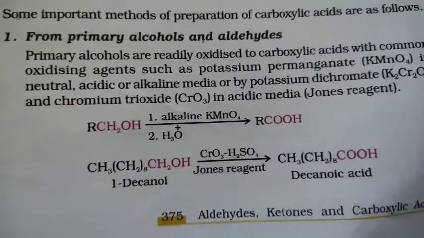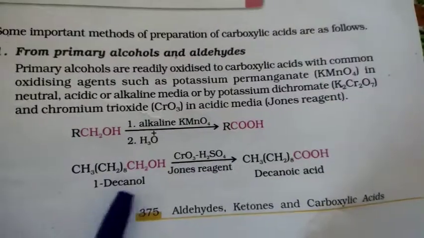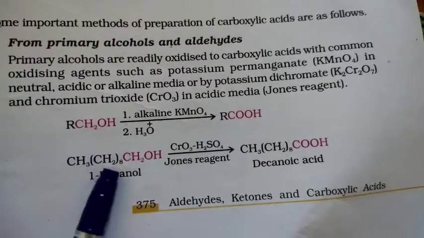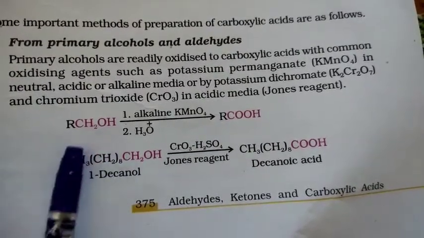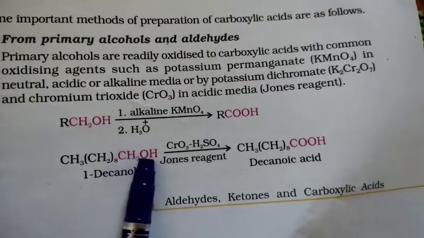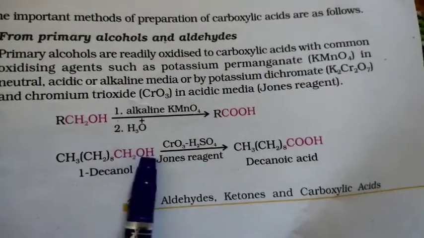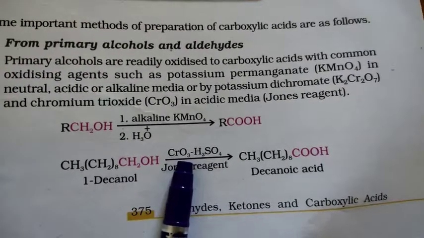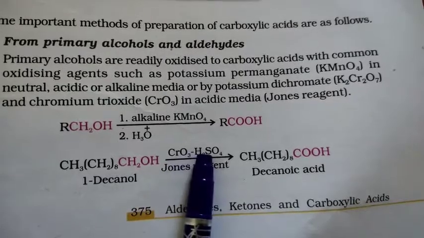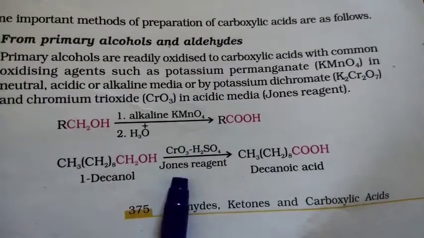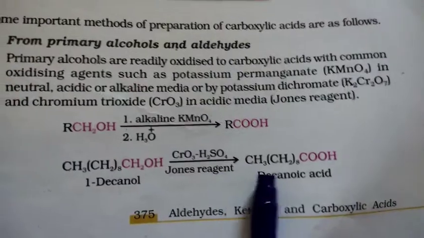Now if a reaction is given to you, 1-decanol, you know that the alkyl part is not required here. What is required is the CH2OH, the alcohol portion. Here chromate plus sulfuric acid is being used, and this reagent is known as the Jones reagent.